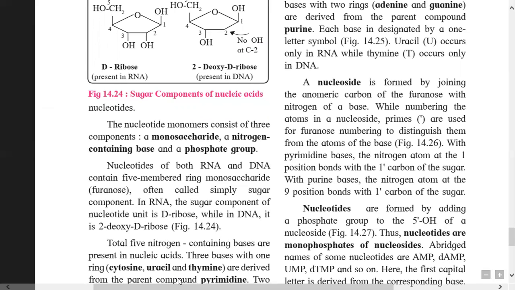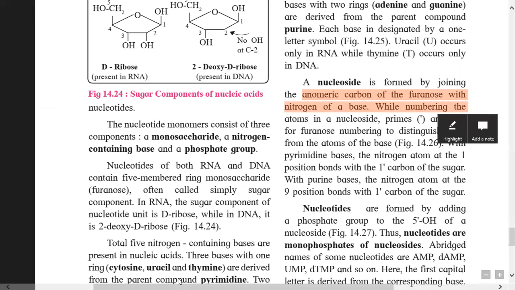So, we had studied about nucleotide. Now we will study about nucleoside. This nucleoside is formed by joining the anomeric carbon of furanose with a nitrogen base.